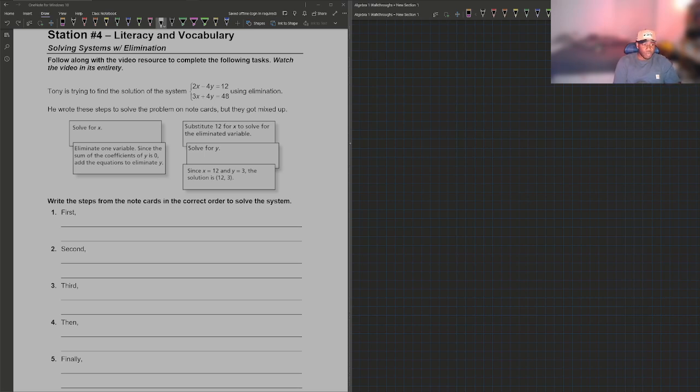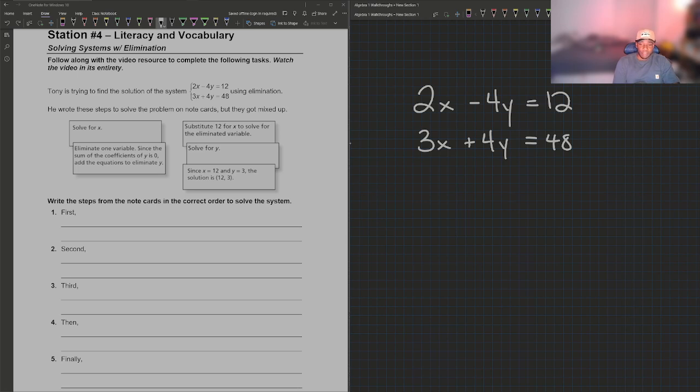So we have Tony here who is trying to find the solution to this system. 2x minus 4y equals 12, and 3x plus 4y is equal to 48. All right?